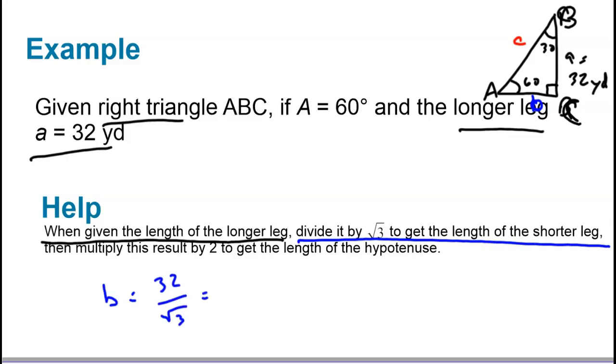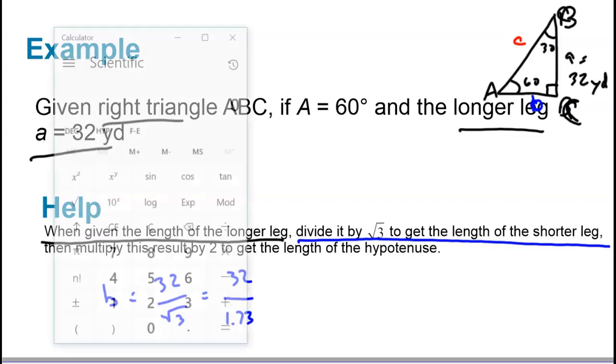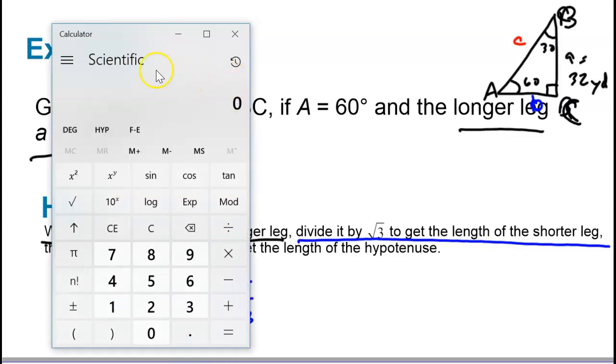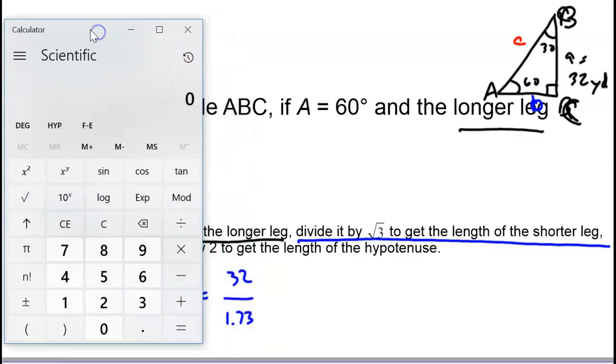And again, we had said that the square root of 3 was 1.73. We don't need to continue recalculating that. But what we need to do is figure out what that length is. So that's 32 divided by 1.73. And we have 18.497, or rounded up 18.5, and that is yards.